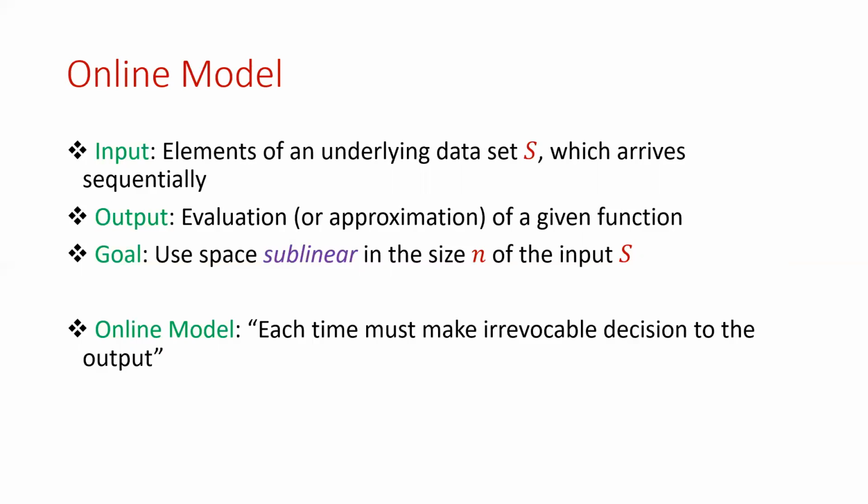Now, it's not always a constraint to use space sublinear in the size of the input in the online model, but for our purposes, we will restrict our algorithms to have space that is sublinear in the size of the input. But the crucial part of the online model is that each time when we get some update to S, we have to make an irrevocable decision to the output. For example, if we're sampling rows of S, at each time when we see a row, we have to either keep it or discard it forever.